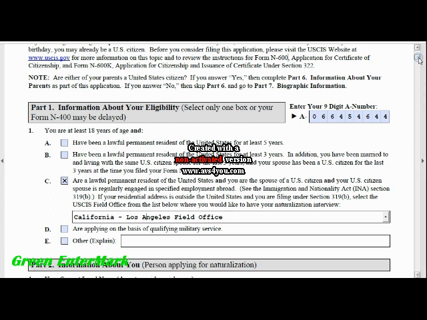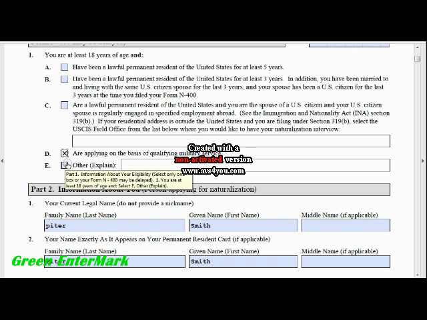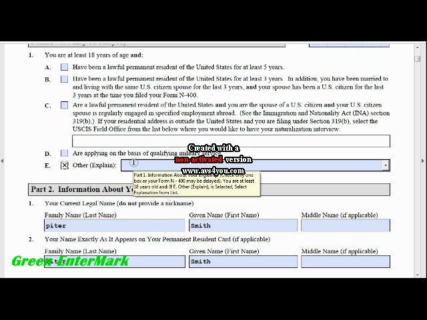Then the D option is applying on the basis of qualifying military service. You are a marine or something like that, so you are in the military service, so you apply. Then there are many other reasons I cannot explain, but you have to explain the reason you are applying.